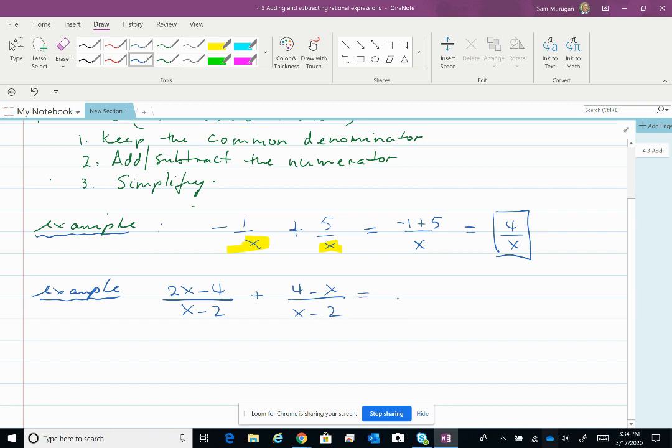Again, we keep the common denominator and we add the numerator, so 2x minus 4 plus 4 minus x. Notice that the 4's cancel and 2x minus x is equal to x over x minus 2.